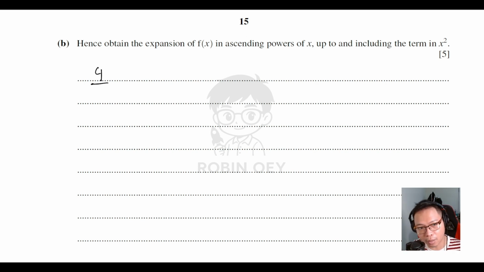So we have 4 over 1 minus 2x, plus 2 over 2 plus x, minus 7 over (2 plus x) squared. Now we do one by one. For the first part, because the constant is already 1, I just do it directly. So power -1.